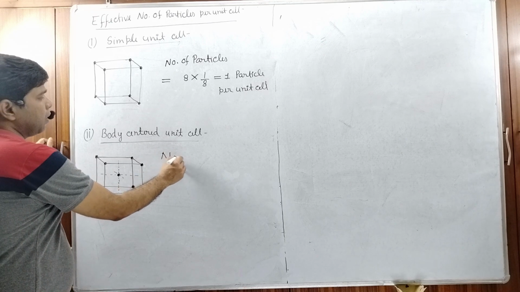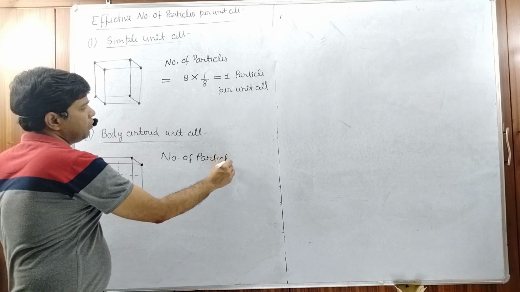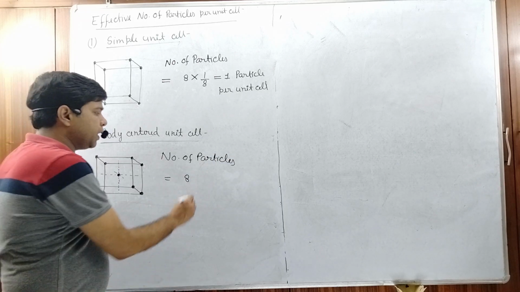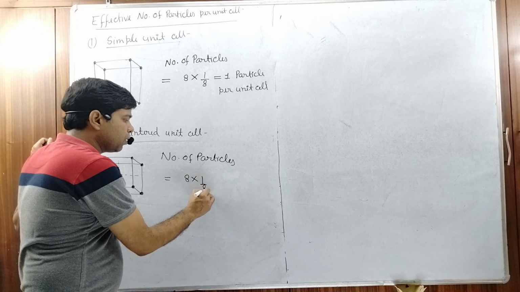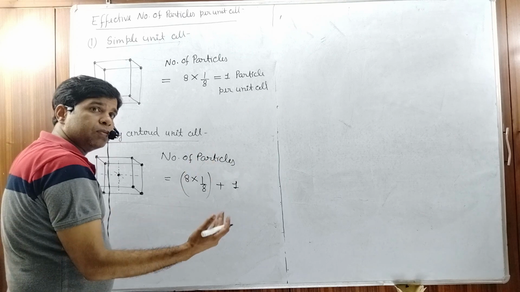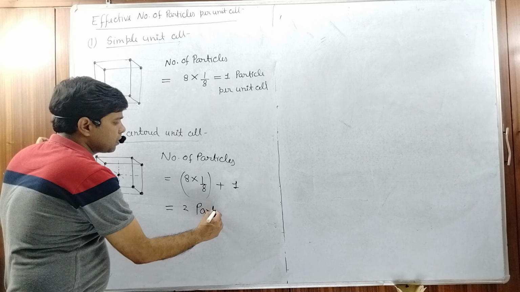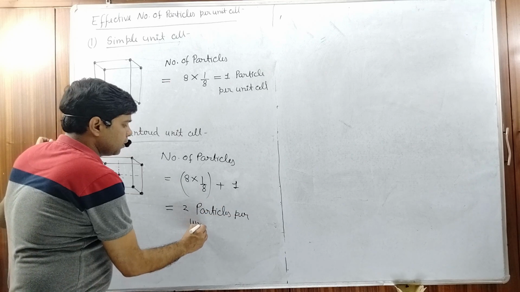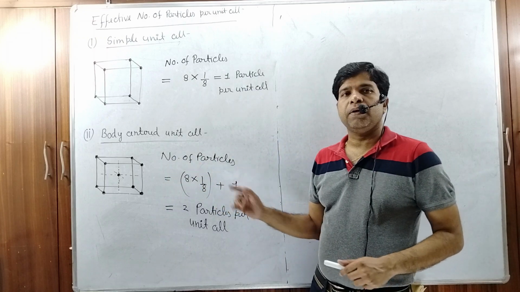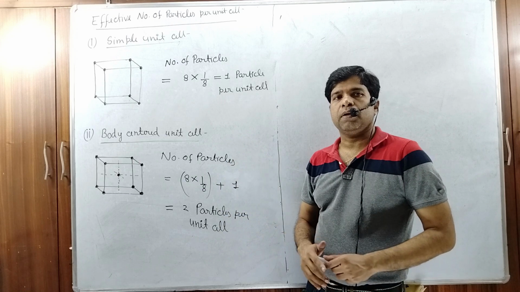So how many particles do we have now? 8 corners, each corner has 1 particle, and each particle at the corner contributes 1 by 8, plus 1 particle of the body center, and the particle of the body center is always 1. We have 2 particles per unit cell. One body centered unit cell consists of 2 particles.